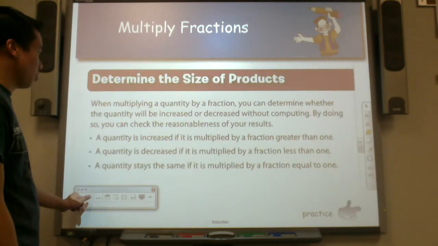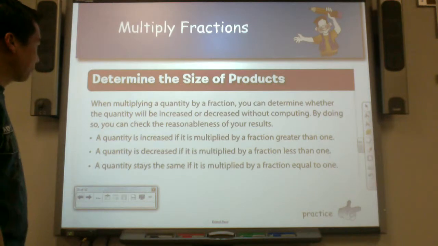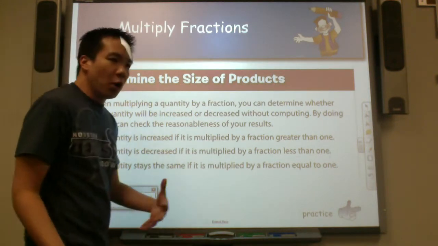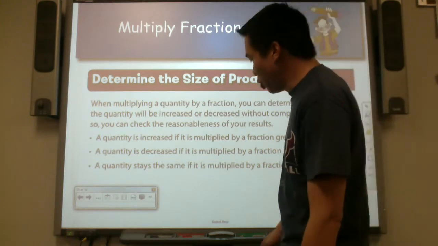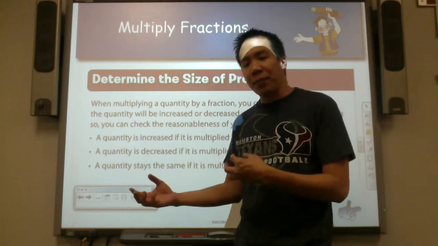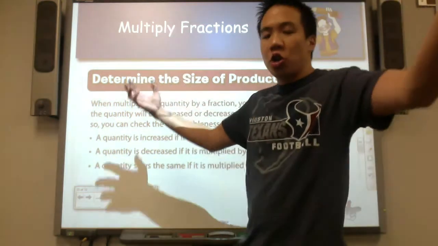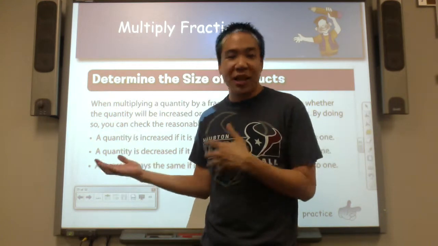All right, let's get to something a little more difficult. When you're given two fractions, and the first fraction is greater than 1 and you're multiplying by another, your answer will get larger. If you're multiplying by 1, of course your number will stay the same.